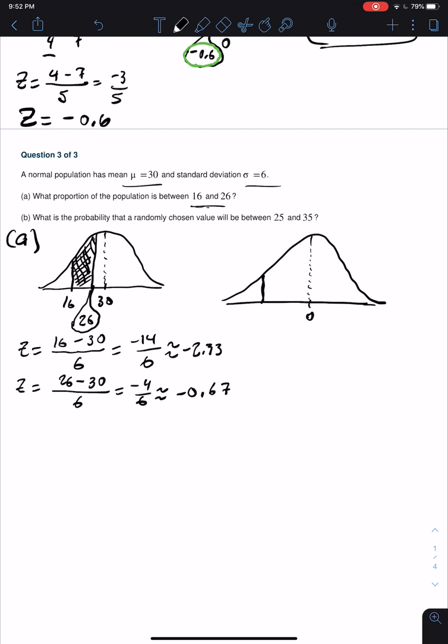You know these values are going to be negative because they're to the left of 0. And of course, the further you go to the left, the more negative it gets. So this one is negative 2.33, while this one is negative 0.67.